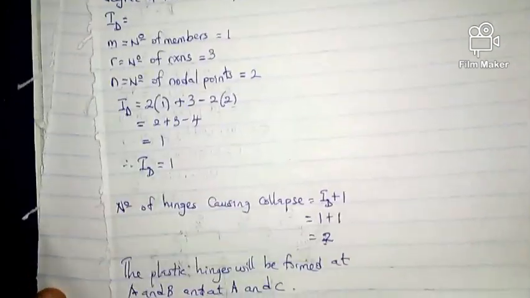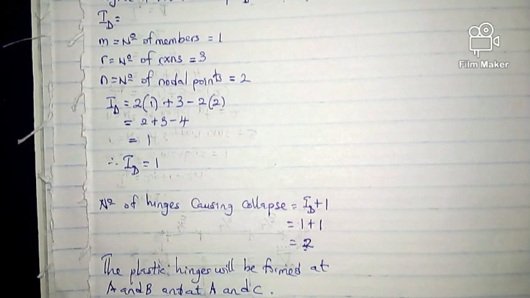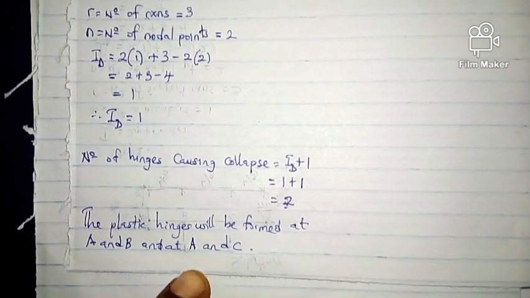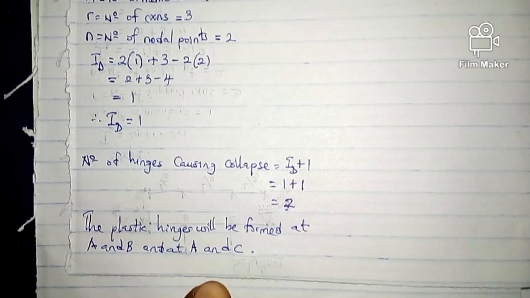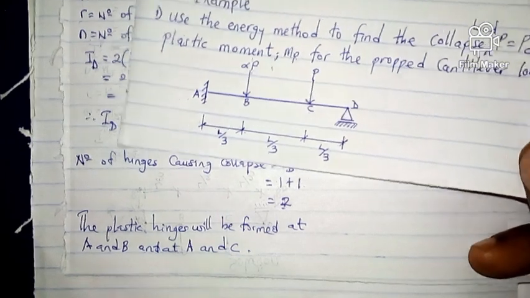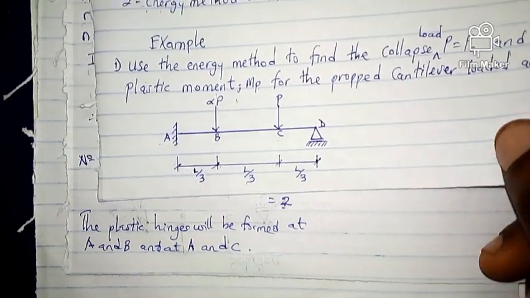We said that the plastic hinges will be formed at A and B and at A and C. Now, this is our propped cantilever.